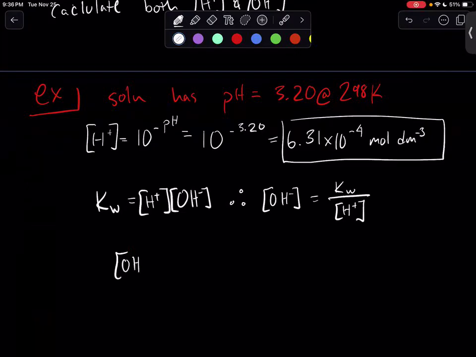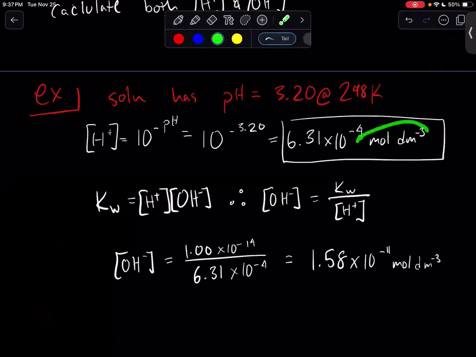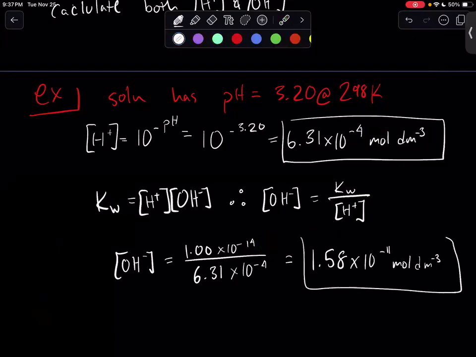Now I'll plug in my values, getting 1.00 times 10 to the minus 14th divided by 6.31 times 10 to the minus 4th to get my concentration of OH minus as 1.58 times 10 to the minus 11th. And that will be in moles decimeter cube inverse because we're dividing our mole squared decimeter to the -6 inverse by that value, providing us with our final answer.